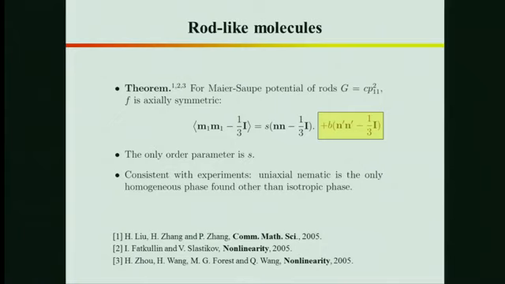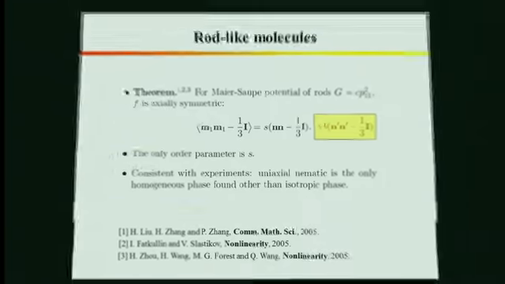It means that for the rod-like molecules, if you truncate and suppose Maier-Saupe is good, then there is only one parameter. So this is dependent on the formula. For example, if you use the Onsager, it is difficult to prove that only one parameter is enough. So far, maybe it's right, but mathematically we cannot do that.